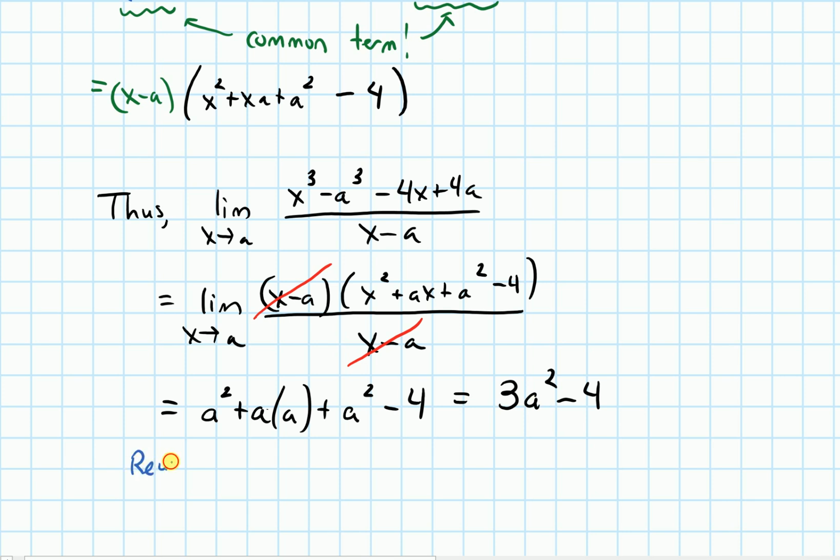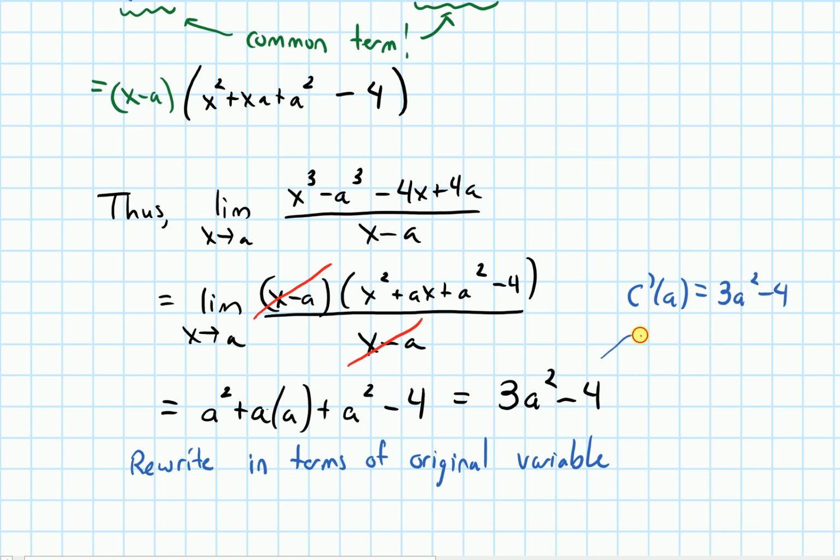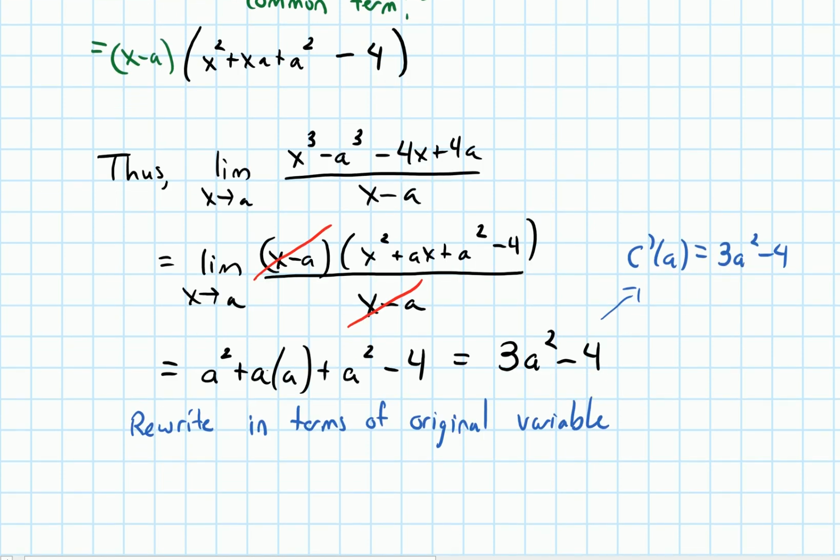So we should now rewrite this in terms of the original variable. Because what this tells us is the derivative of our function at a is 3a squared minus 4. That's what this tells us. But let's just rewrite this in terms of x. Because that was our original variable, we'll get c prime of x equals 3x squared minus 4.